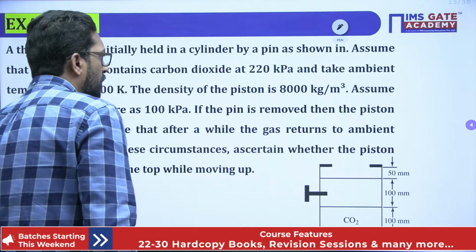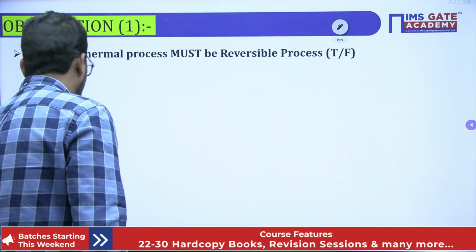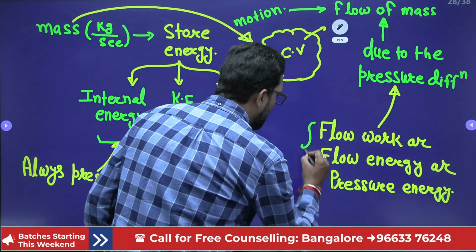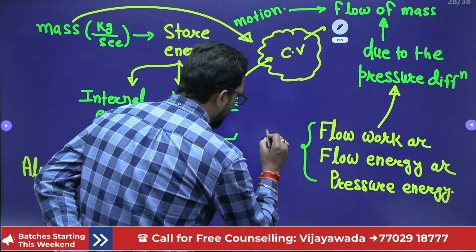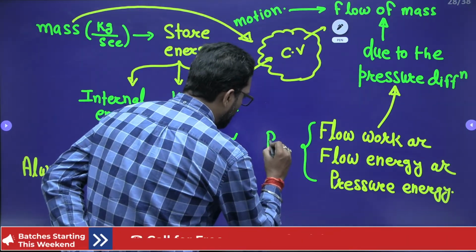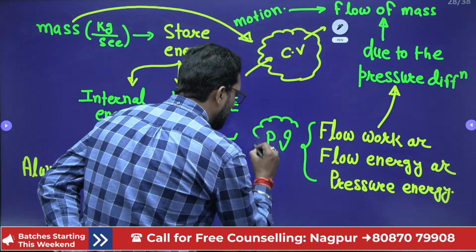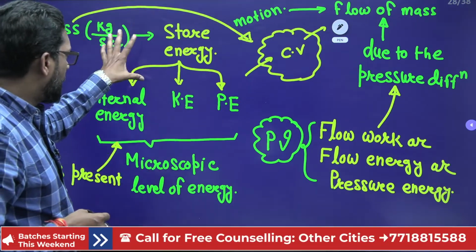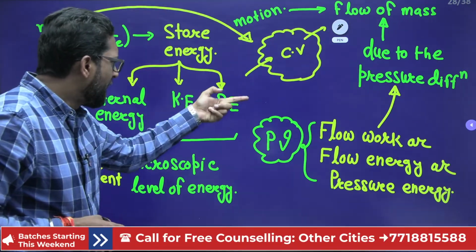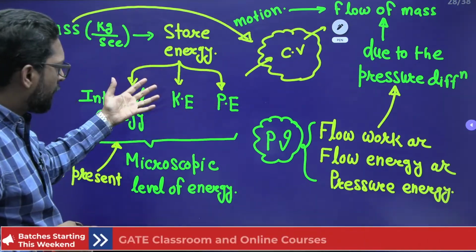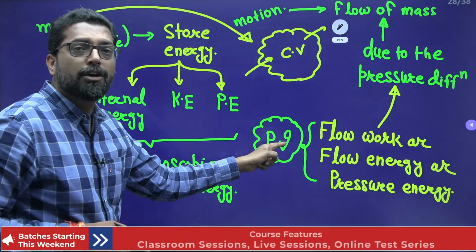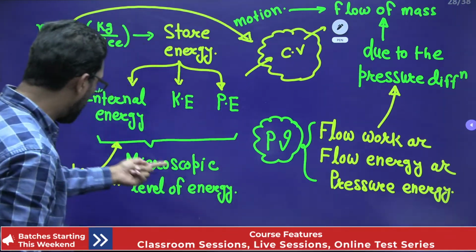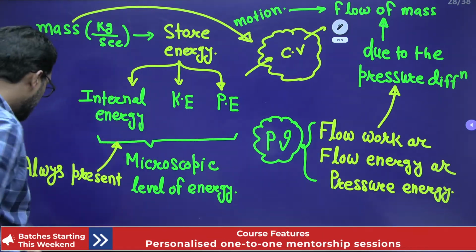So when the fluid starts moving, there must be a flow work, and that flow work is on a per unit mass basis, that means P into V. If the fluid is at rest, only the stored energy will be there, and if the fluid is in motion, an extra component of energy will be added, in the form of stored energy.